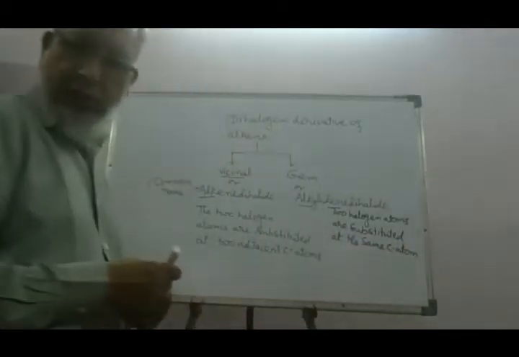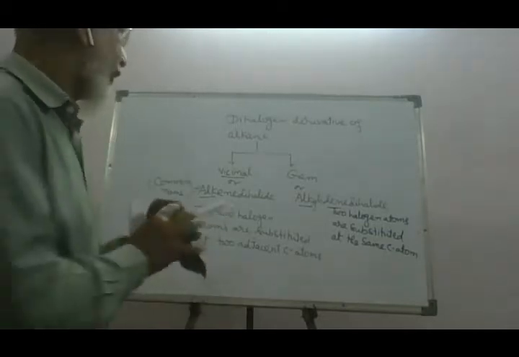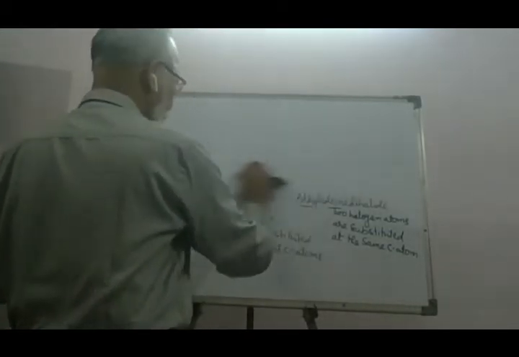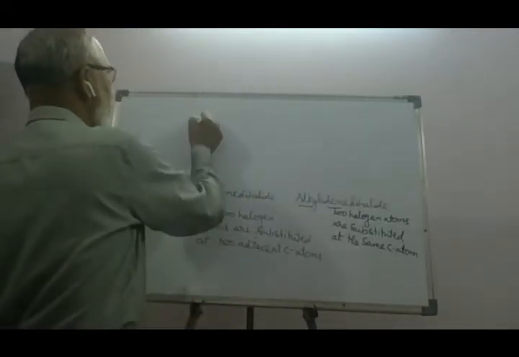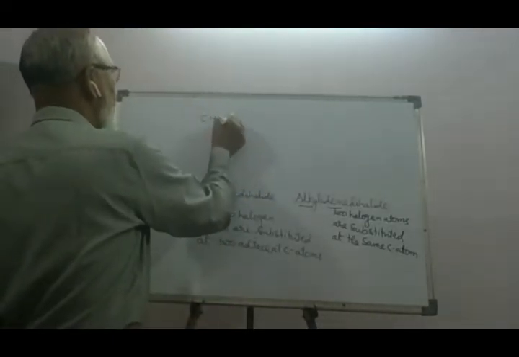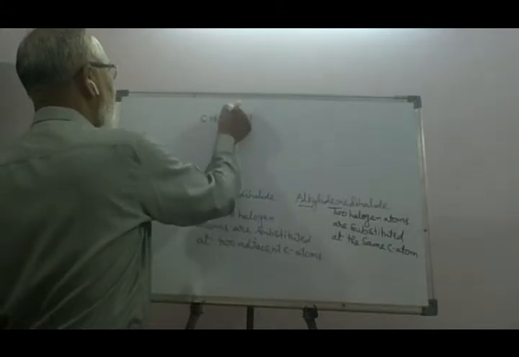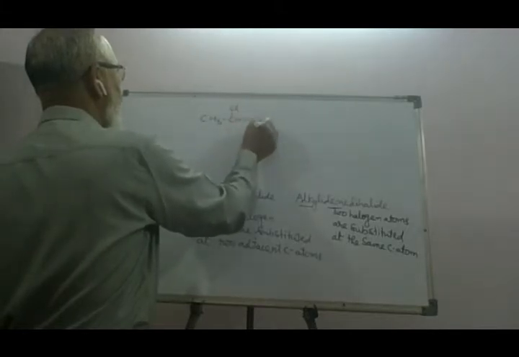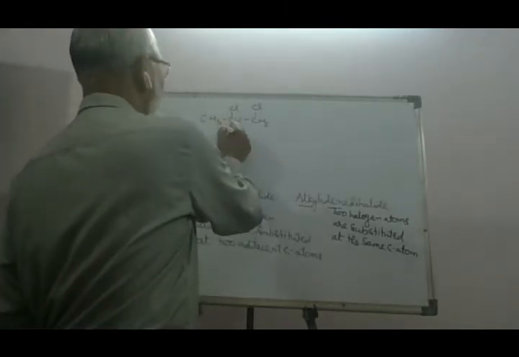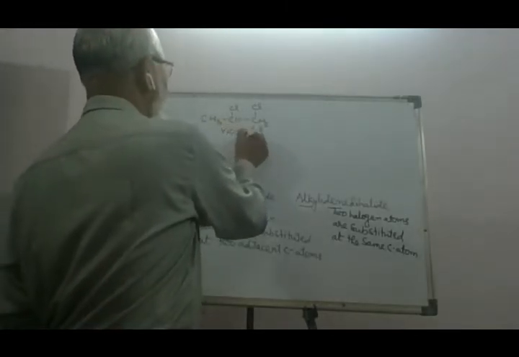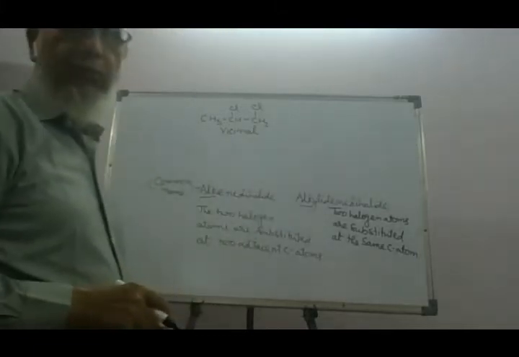Let us take some example to clarify it. Suppose it is CH3, CHCl, CH2Cl. It will be vicinal because the two halogen atoms are present at two adjacent carbon atoms.